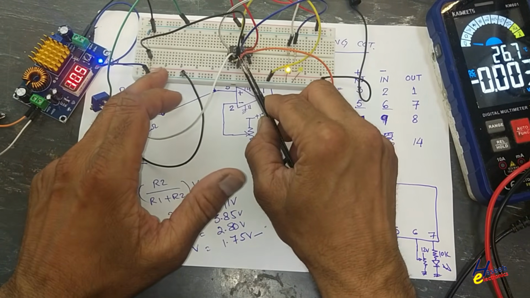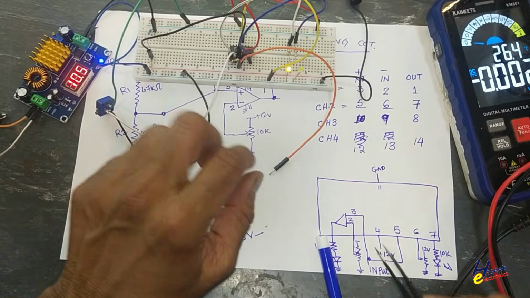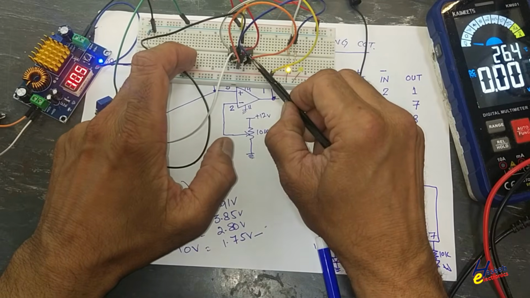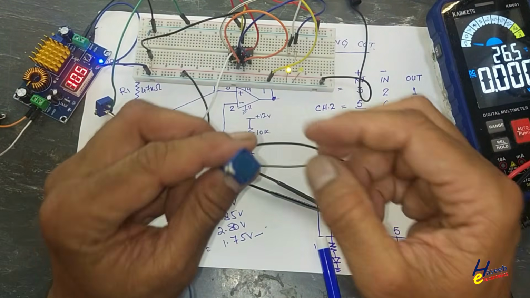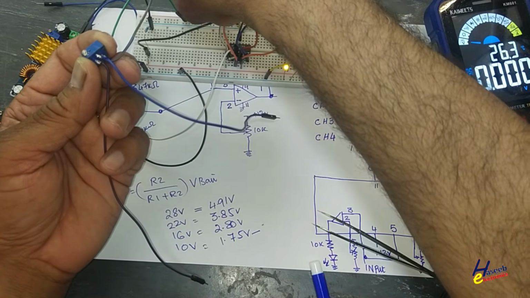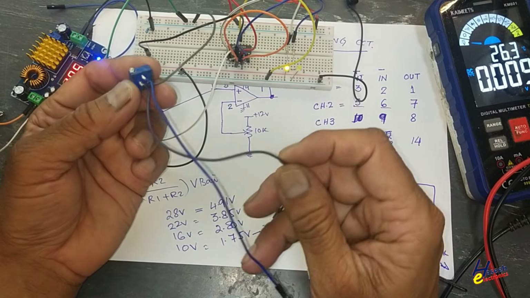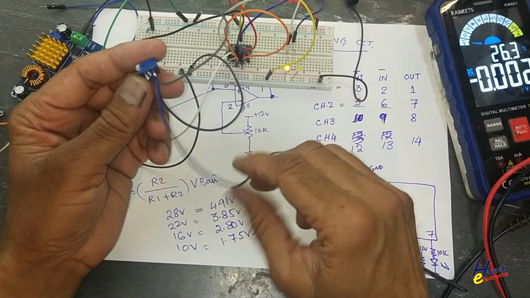We will connect pin number 3 to pin number 5. And we will use another potentiometer, this one to positive side, positive 12 volt, potentiometer second side to the return path, common line.